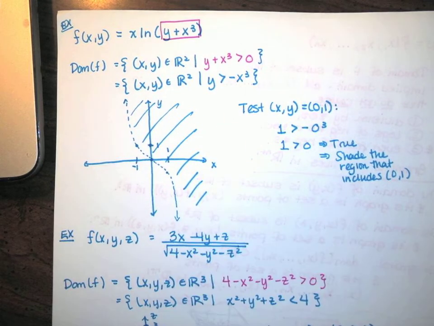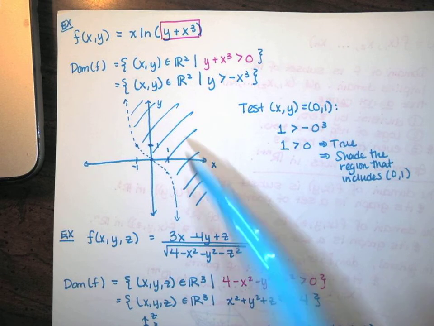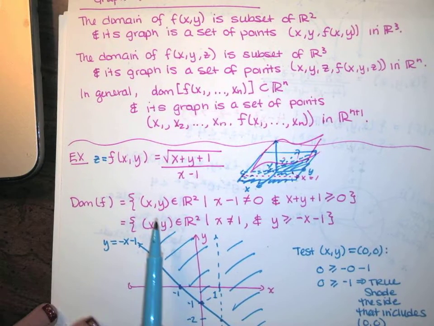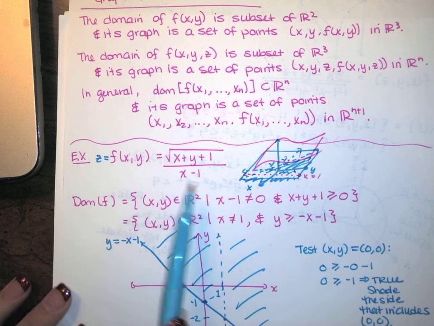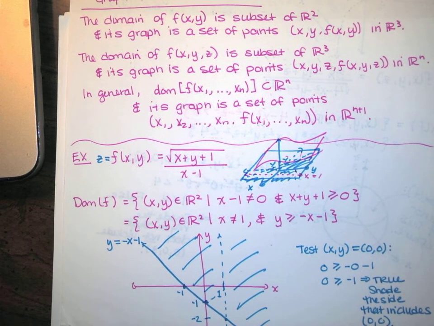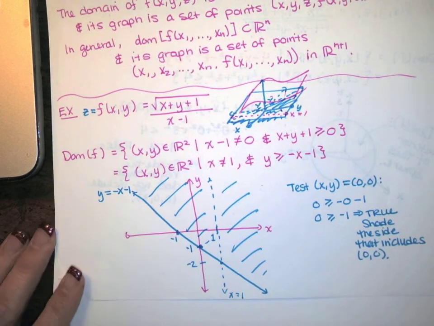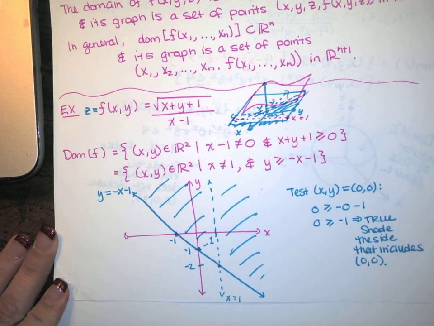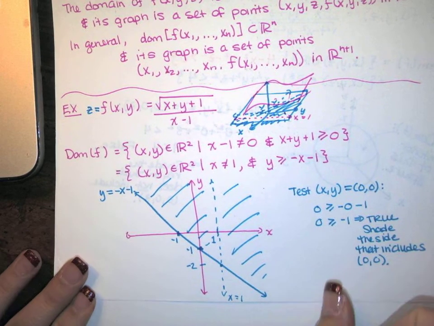Here I have a function of 2 variables, so it's a domain of 2-dimensional space, and on the other one that we did, it was a function of 2 variables, and it's a subset of 2-dimensional space. Now, we could have functions of 4 variables, functions of 5 variables. All of that would be fine, and it would make perfect sense mathematically, even if we can't draw it. But the same rules hold for domain.